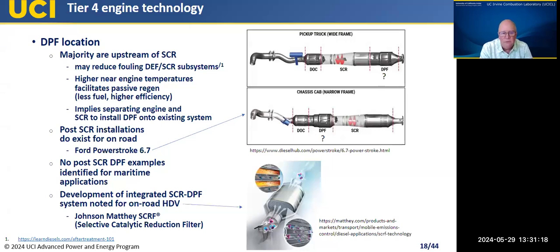There's also active development of a single module system that basically adds the SCR component to the DPF. So this would be one module that would go where the SCR currently is, but it integrates the DPF and SCR functions. That's being developed now by, for example, Johnson Matthey, as shown there. Not ready for maritime yet, but an interesting development. Next slide, please.